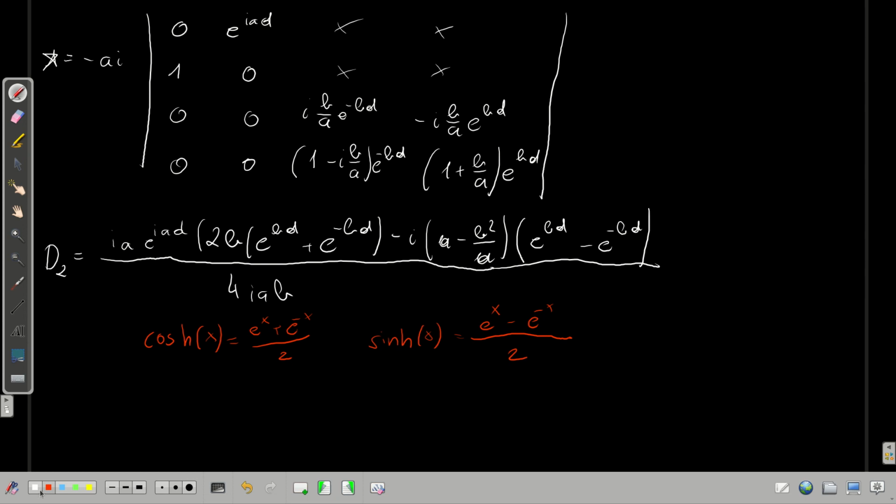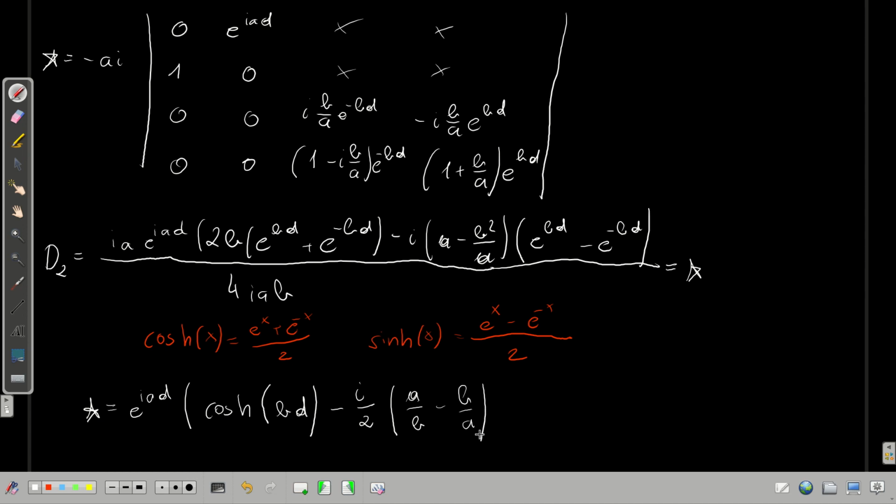We can rewrite this expression. And now we can already give a value for the transmission coefficient.